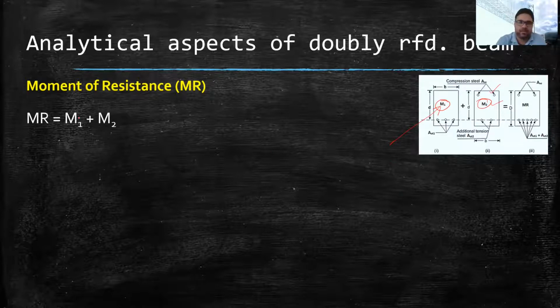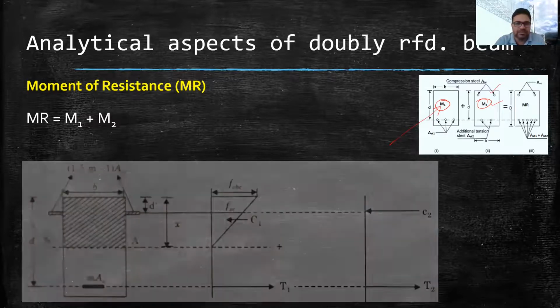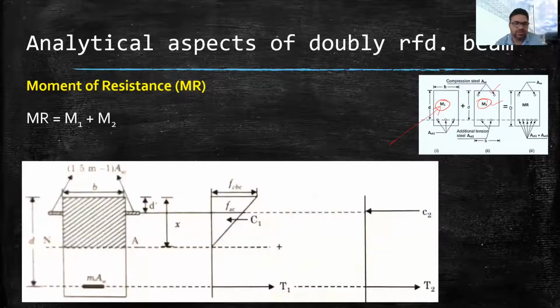I will elaborate on this using this figure also. Here you can see the transformed section. This is the equivalent area of the tension steel, this is the equivalent area of compression steel, and this is the concrete area.